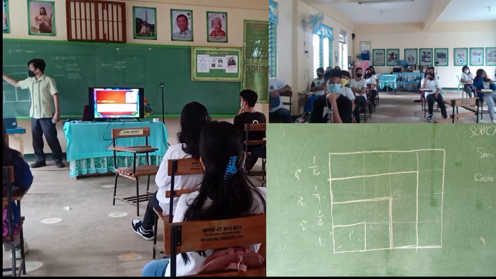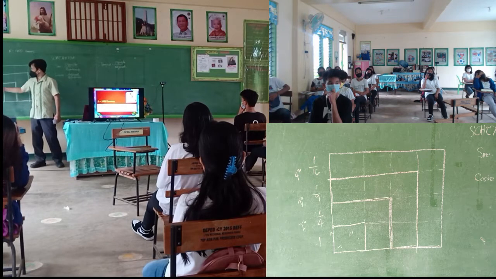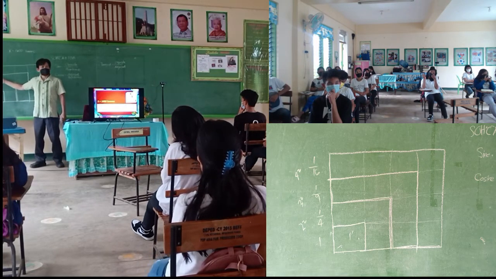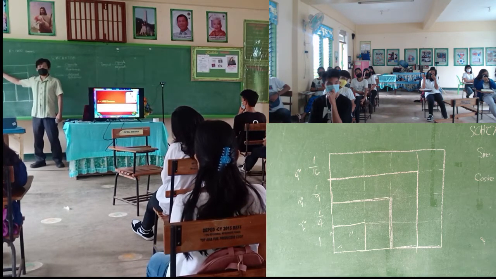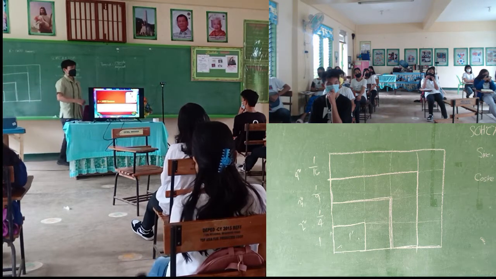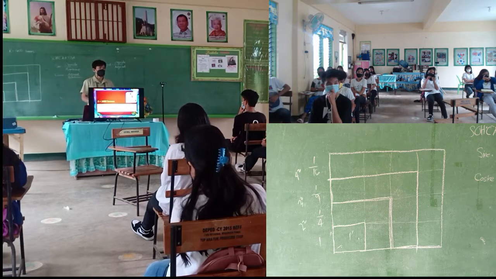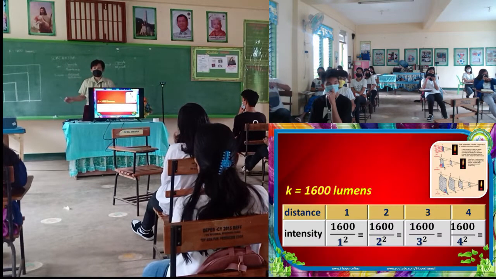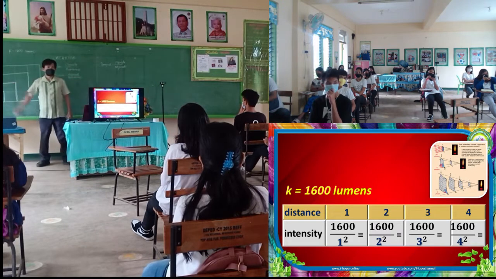Ang iya last divisor is the square of the distance. Distance is 2, square of 2 is 4. Dire, distance is 3, the square of 3 is 9. Dire, distance niya is 4, the square of 4 is 16. Siya ang pagpasabot sa inverse square law of light, modified into the square of the distance.